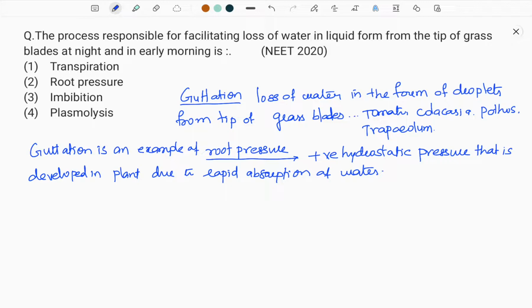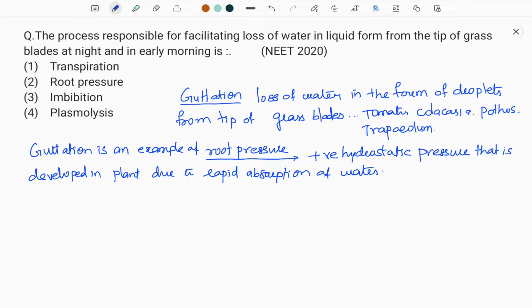So this movement of water from soil into plant depends upon the water potential gradient. As the gradient is higher, the absorption of water by the plant will also be higher. So as this water moves with high pressure into the plant, it creates a positive hydrostatic pressure in the plant, called root pressure.